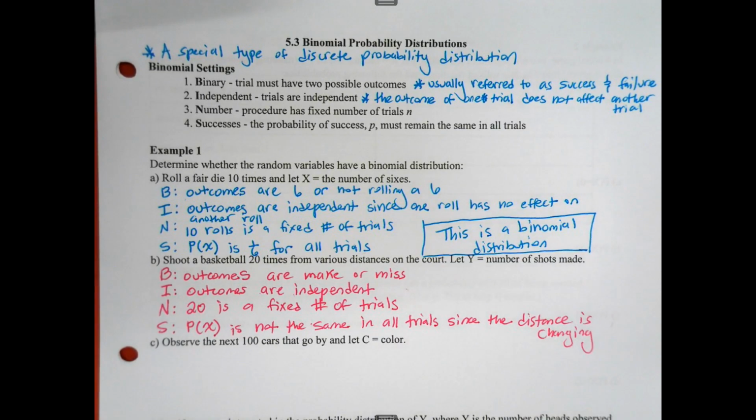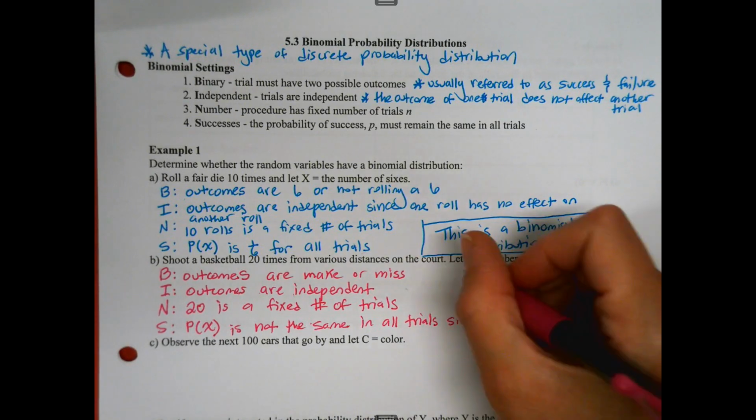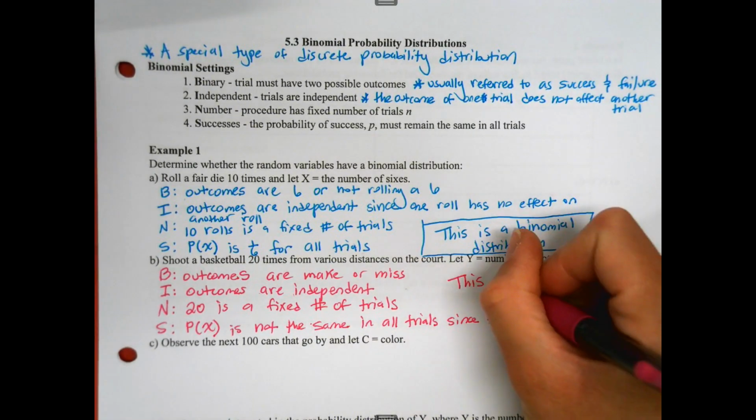As a result, this fails that the probability of success must remain the same, and this is not a binomial distribution.